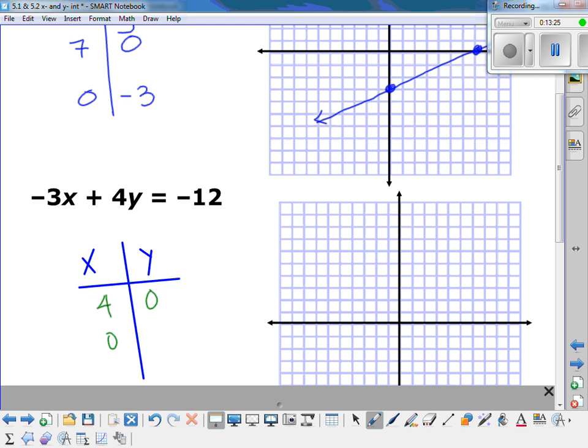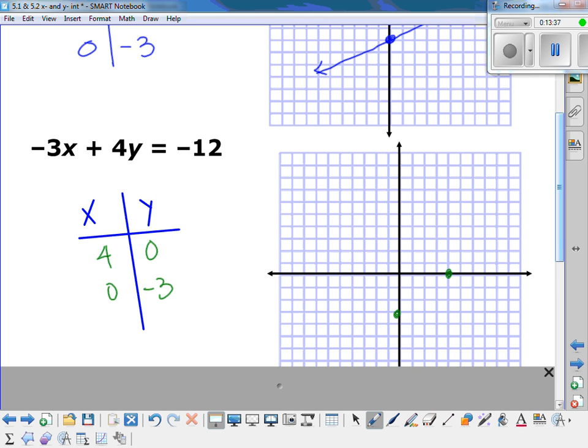And then when we put in the 0 here, we got a negative 3. So 4, 0 is on the x-axis at 4, and then 0, negative 3 would be here. So if you forget the negative sign, then your line's going to be going the wrong direction. So that's why you want to be careful with your negatives. Okay, and that concludes the video.